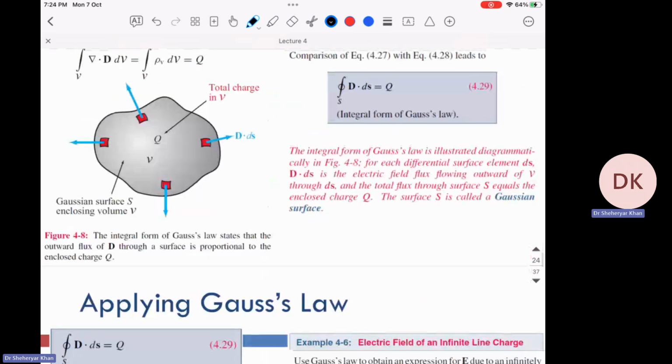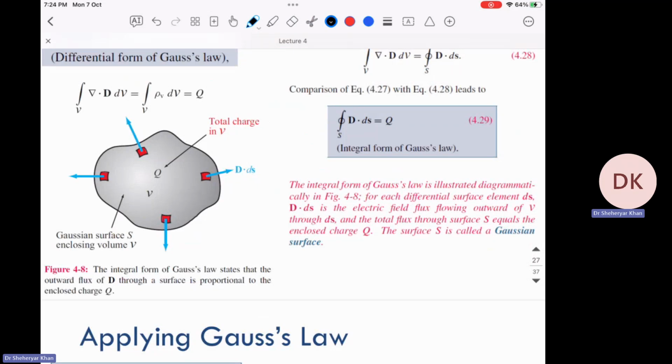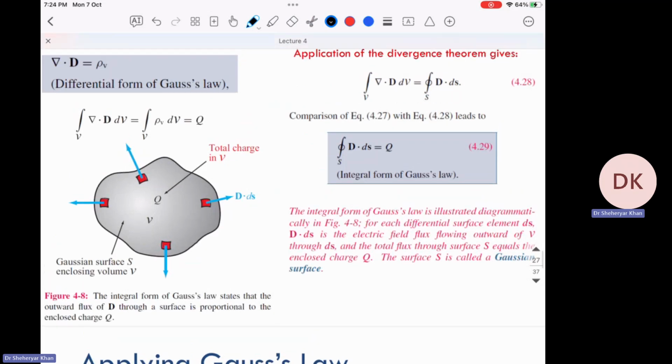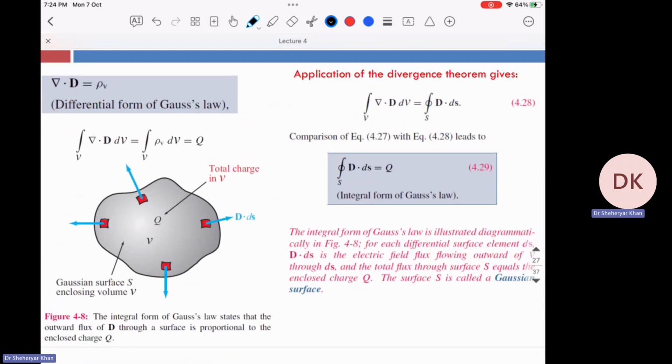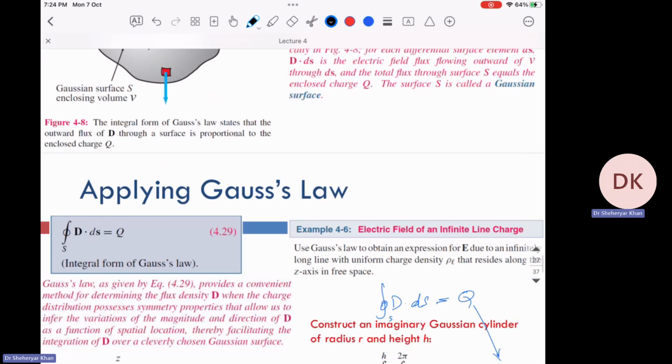There are many other ways also to prove it, but this is a more simple way to understand this. So you can understand from the first equation, which is the differential form of Gauss law, we have derived now. Divergence of D will give you the charge density. And then if you take the volume integration on both sides, you will get the charge. That's also the integral form of the charge, okay?